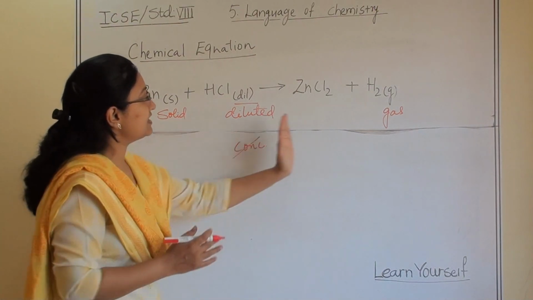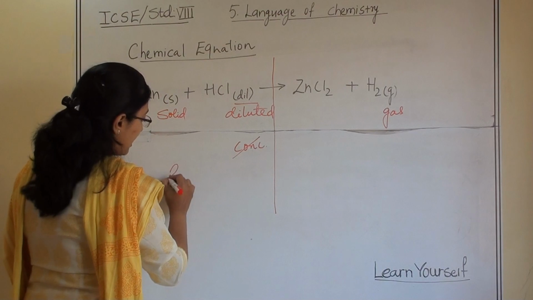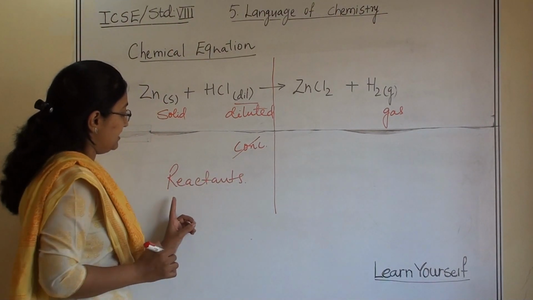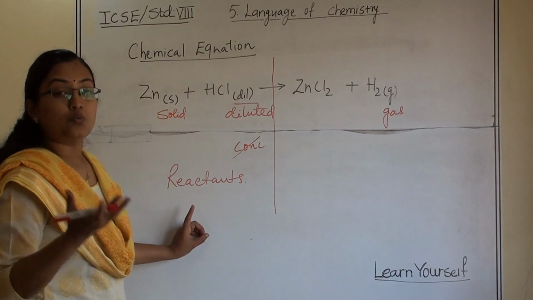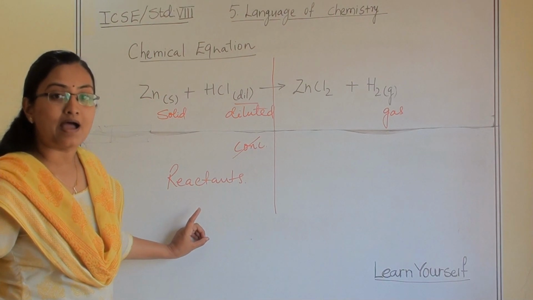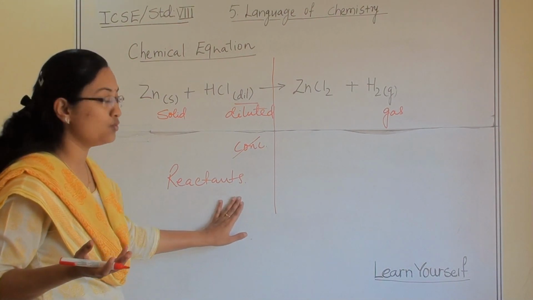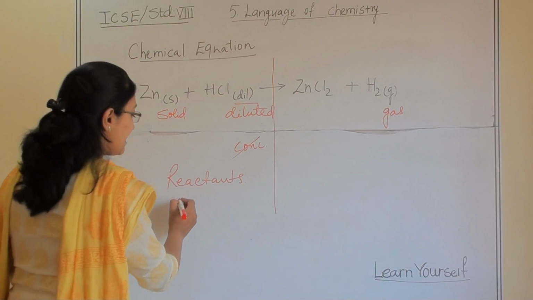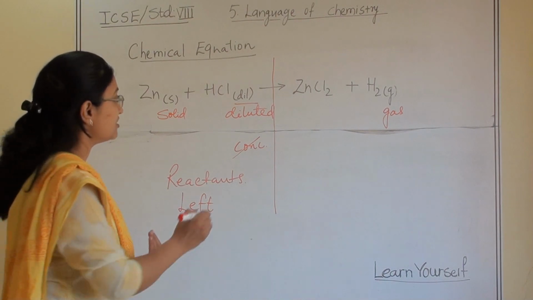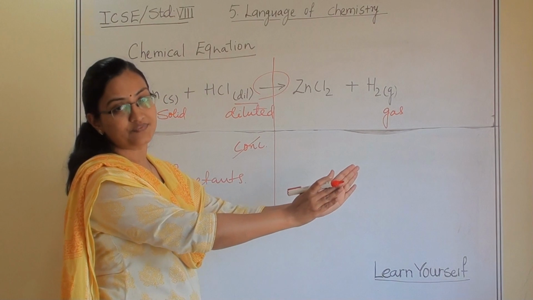When we are writing a chemical equation, there are two parts. These all are called reactants. Reactants means what we are taking for that reaction to happen. They are known as reactants and they are at the left hand side of the chemical reaction. This arrow shows us the direction of the equation.